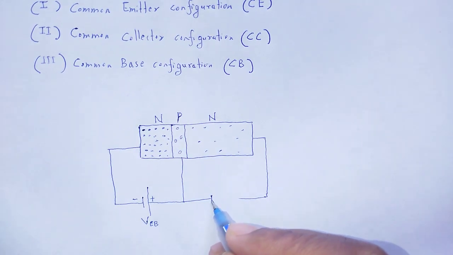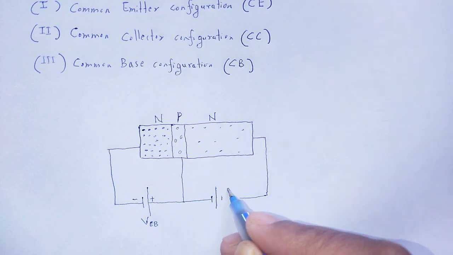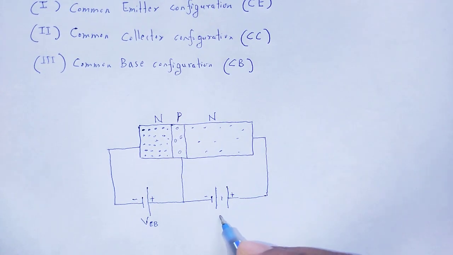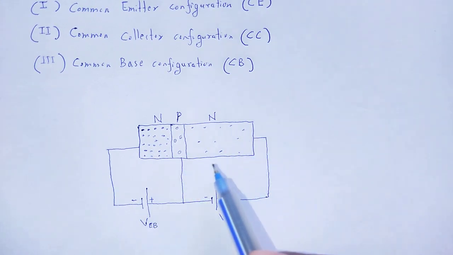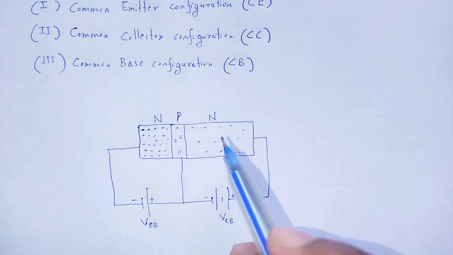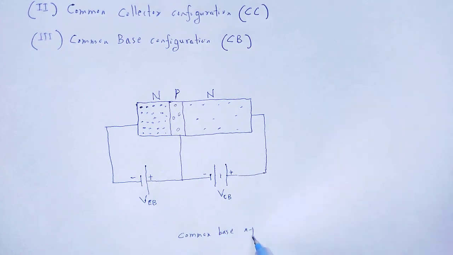Reverse biased: negative, positive, potential V, collector base potential. That is the configuration of a common base NPN transistor.